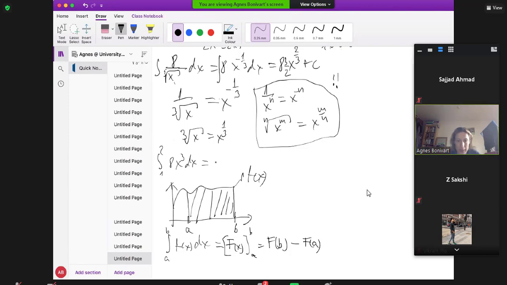So let's apply this. The first step, we integrate the function. So we have 8 times X to the power of 4 divided by 4. Okay? Let me divide 8 by 4. So we get 2x to the power of 4.